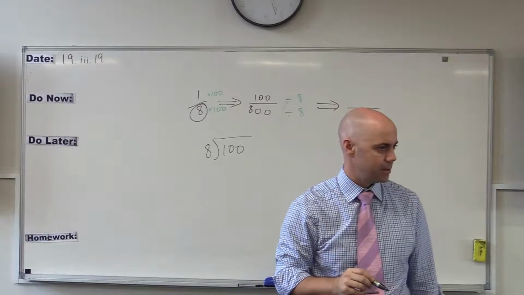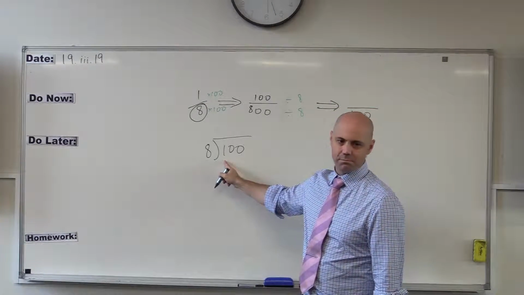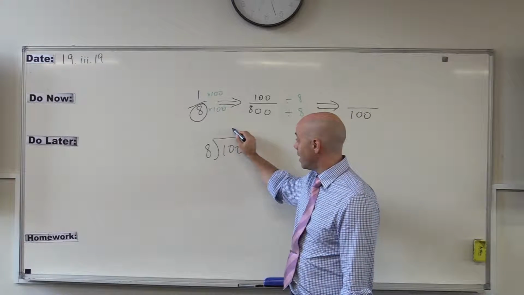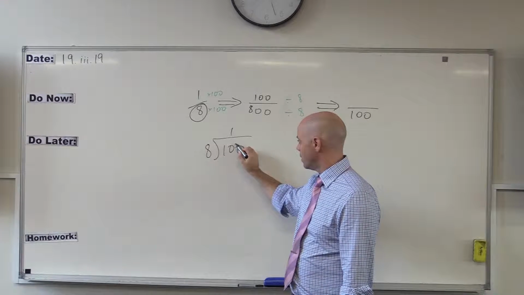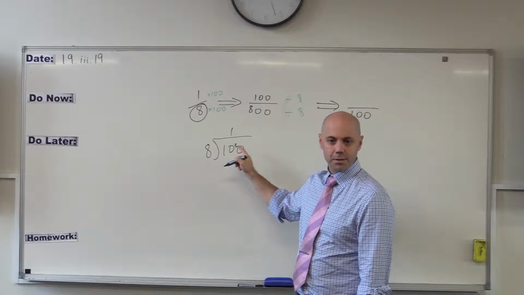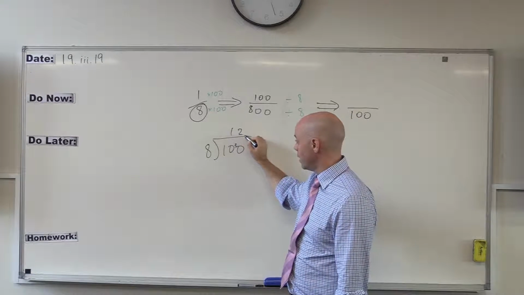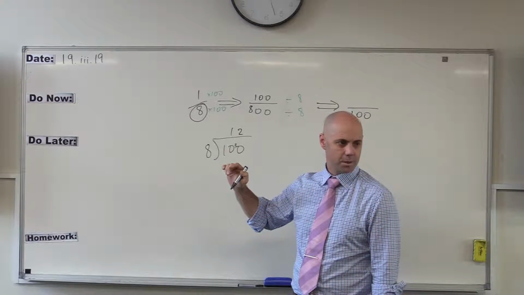Does this look familiar? Long division. How many 8s in 1? Can't do it. How many 8s in 10? 1. How many left over? 2. Put my 2 there. How many 8s in 20? 2. How many left over? 2 times 8 is 16.